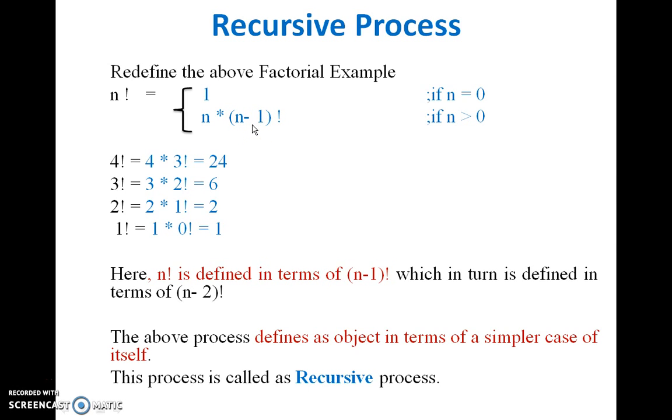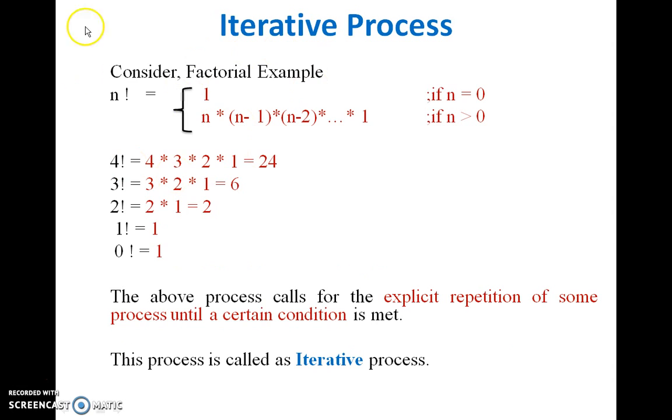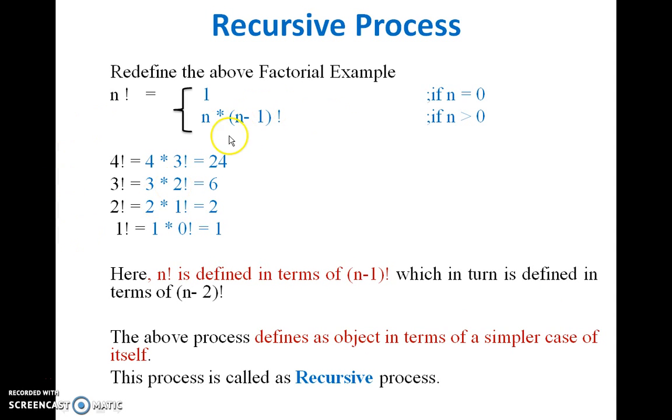So the difference is that in the iterative process we represent n's factorial as n into n minus 1 into n minus 2 till 1, and here we are representing n factorial in terms of n into n minus 1's factorial. So we are defining the solution in terms of the subproblem's factorial, that is n minus 1.